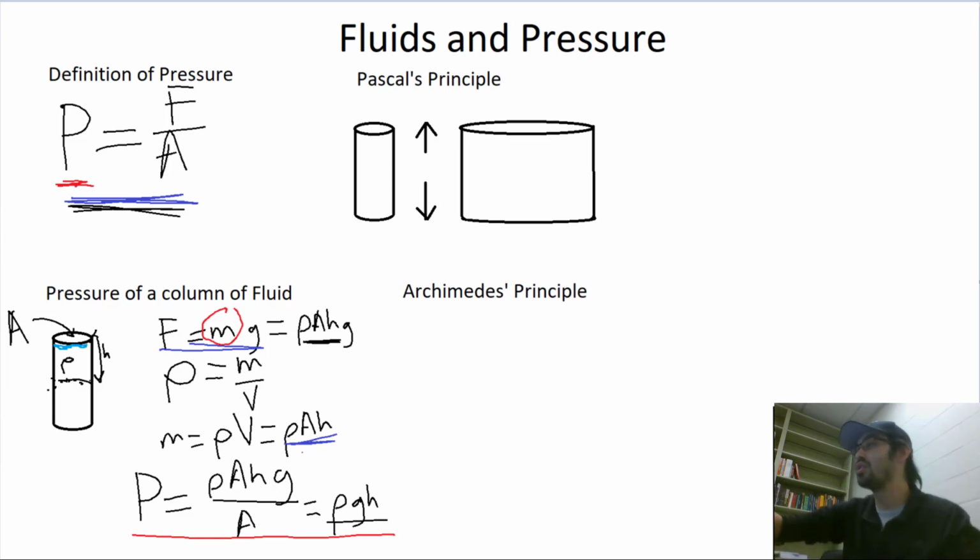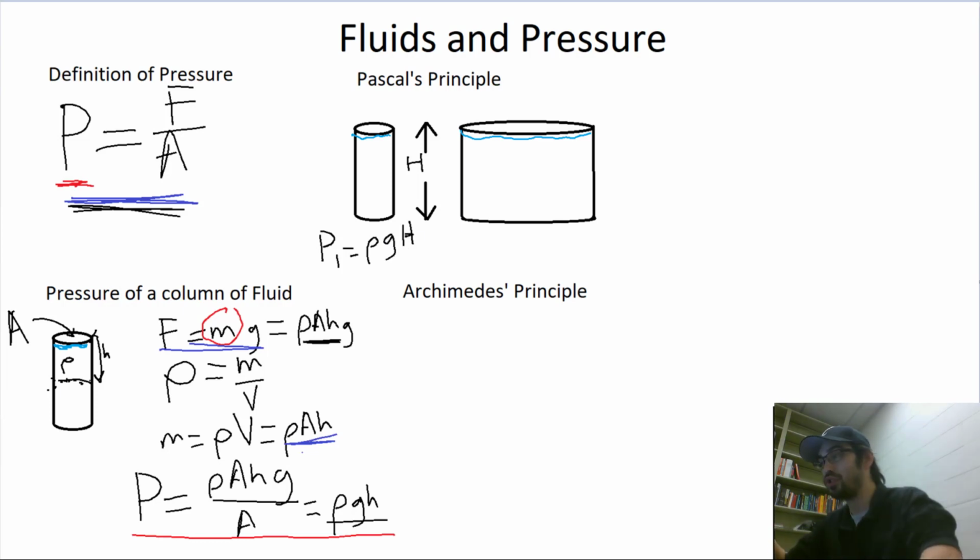So let's look at these two cylinders that I have here, and we'll assume again that these are filled with water, and we're going to ignore any pressure from the atmosphere. And so what we can say is if these both have some height h, then the pressures at the bottom of them are going to be P1 is equal to rho times g times h.